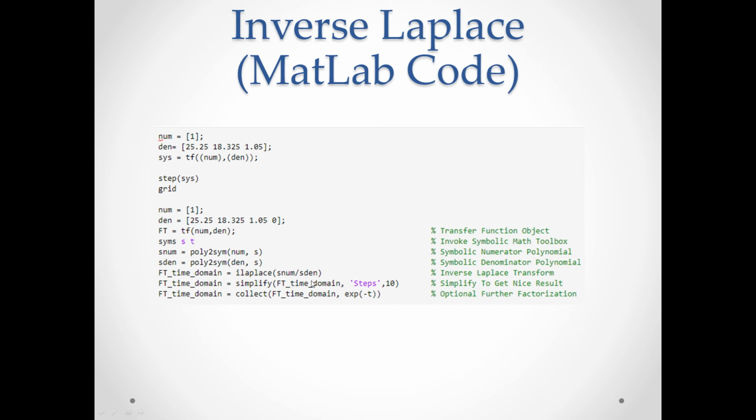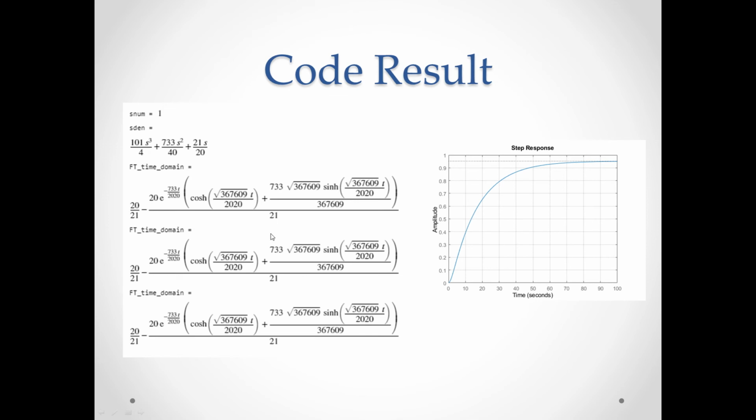So then you have all your functions, and now you have the code result. You end up with f(t), the time domain, being this whole thing right here. You have your step response graph, amplitude, time, second graph here.